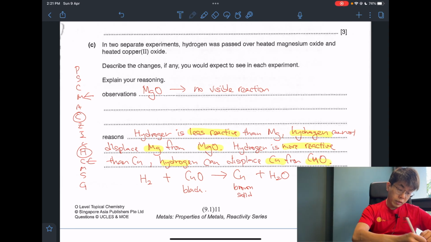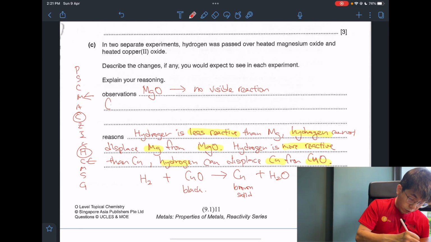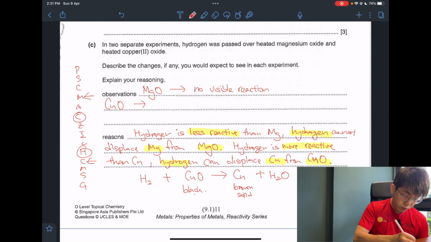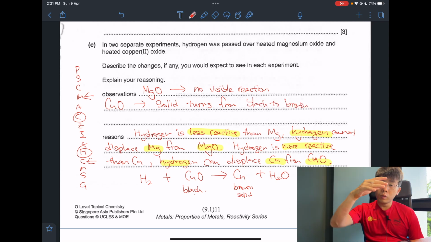Let's write what the observation is. For the copper 2 oxide, you can see that the solid turns from black to brown. And then water is also formed.